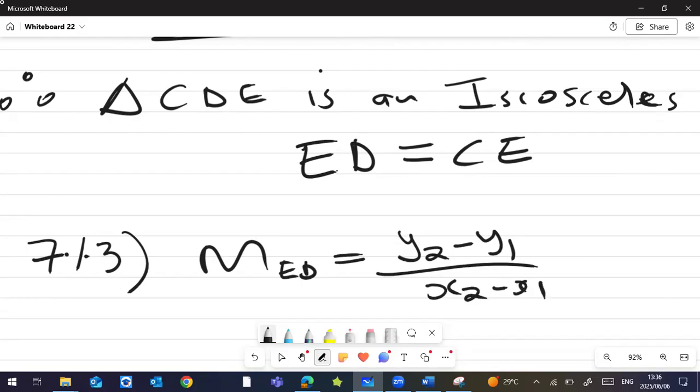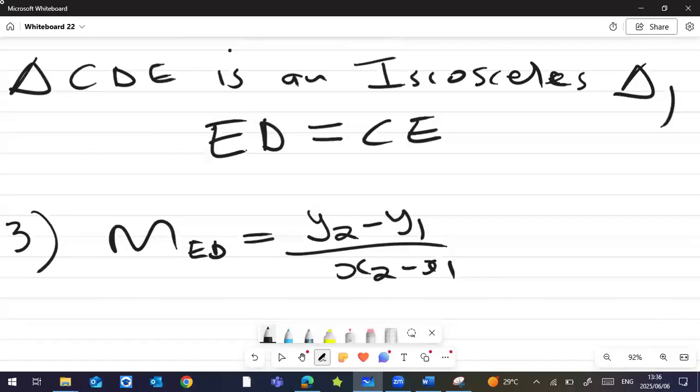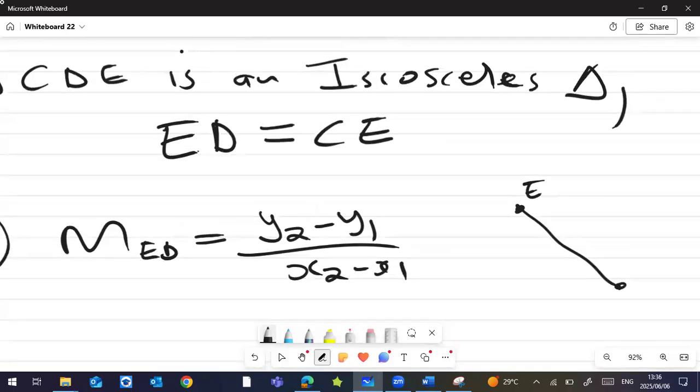Remember the coordinates for ED: 2, minus 4, and 5, minus 7. So those are the coordinates of ED.